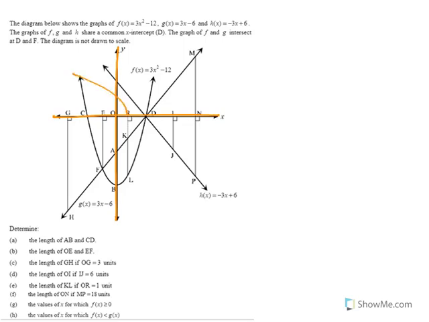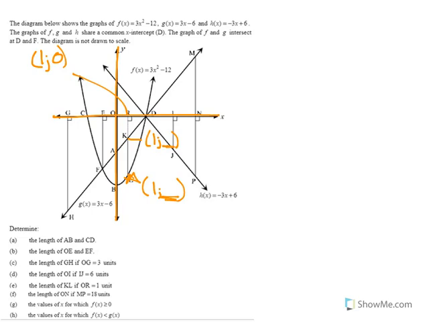So OR being 1 unit tells us that R has coordinates 1 and 0, and because R, K, and L are all vertically aligned, we know that K has 1 as its x coordinate, and so does L, right? And so then to figure out the length of KL, we need to figure out the y coordinate of this guy and the y coordinate of that guy.